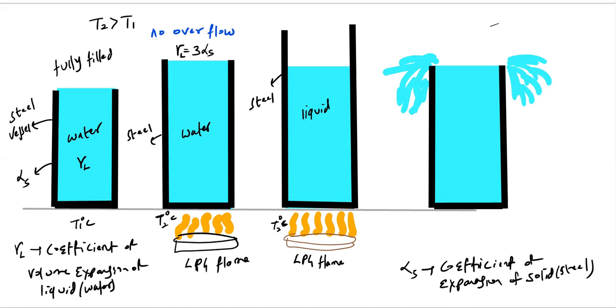Then what is the condition that will arise? Gamma L less than 3 alpha S. There's a possibility. Here, if the liquid expands less compared to the solid, then the final level of the liquid will be less than the level of the solid.